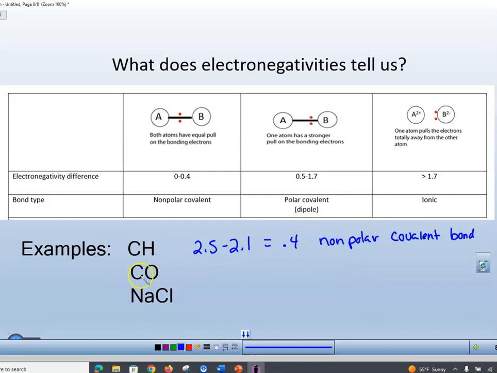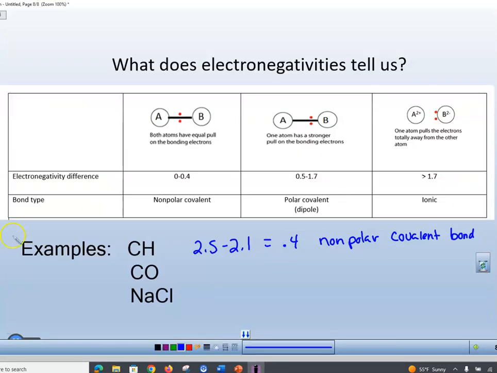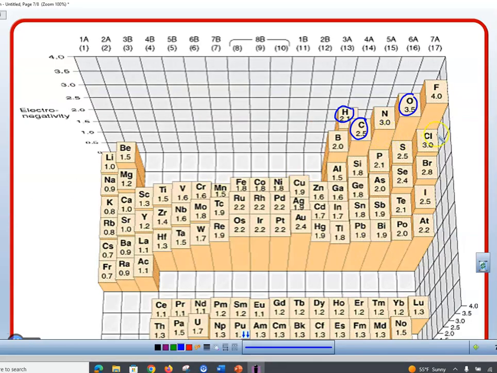All right, what about carbon and oxygen? So we know that carbon is 2.5, oxygen is 3.5, so it's more electronegative. So we take big number minus small number, or take the absolute value, and you get 1. Well, 1 falls into this category, and so this is going to be polar. All right, and then we got NaCl, so that's sodium chloride, and chlorine is here at 3.0, and you don't need to memorize this.